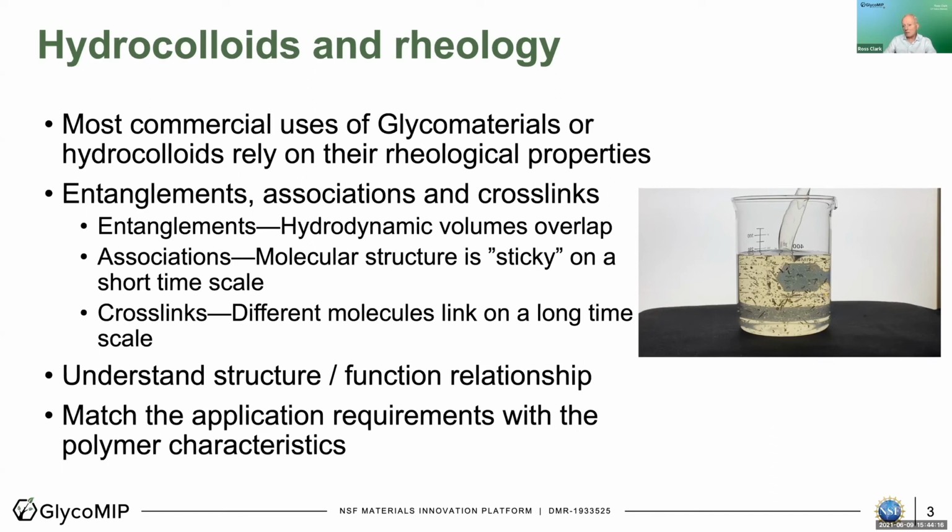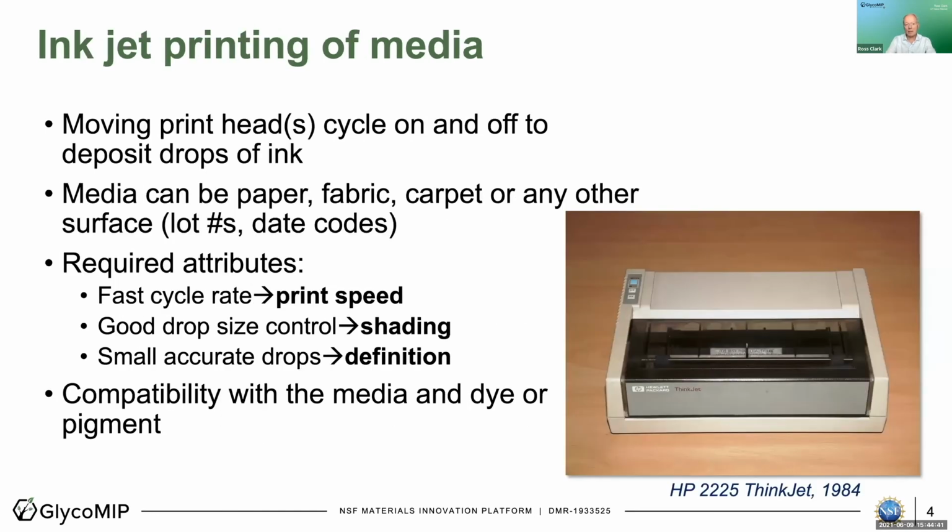And cross-links means that they form associations between these molecules that last for a long time. Understanding this structure-function relationship is key to application of these materials, and matching what the application requires to the properties the different materials possess is the secret to successfully stabilizing things.